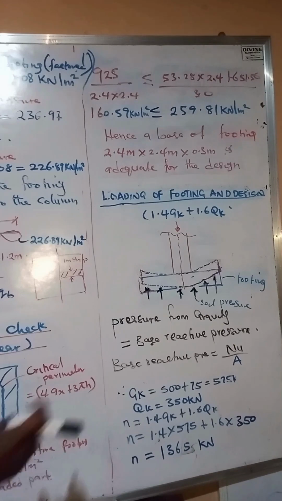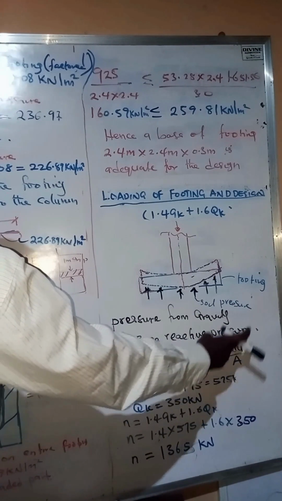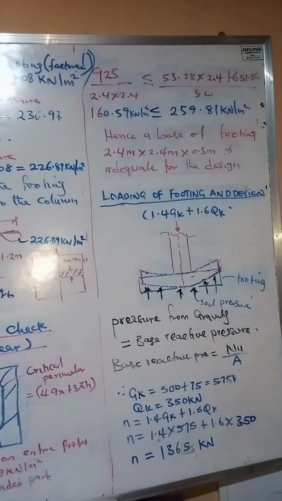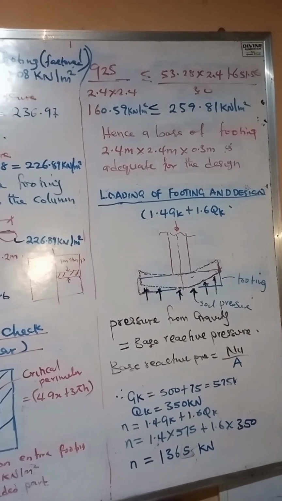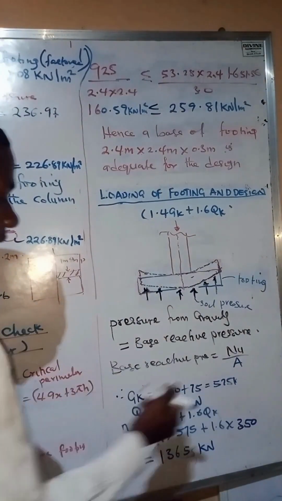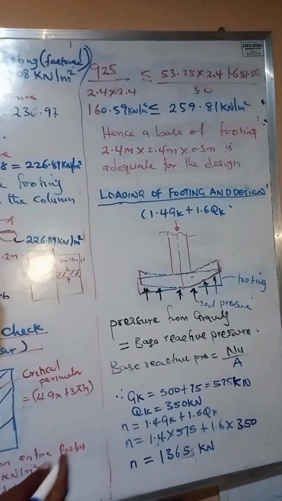Now I said that the base reactive pressure is equal to NU over A, where NU represents the ultimate load and A represents the surface area of our footing, which we have as 2.4 by 2.4. You can decide to make use of 10%, but I will prefer using 15%. So the total dead load will have it to be 575 kilonewton.